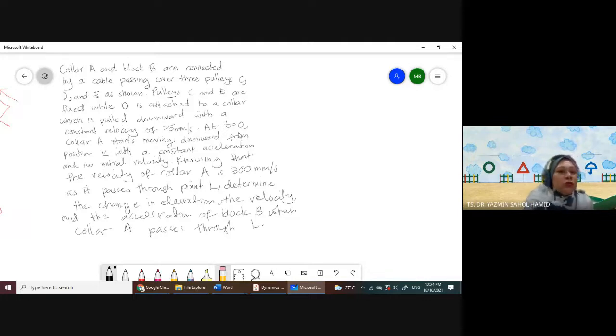At t equals to 0, collar A starts moving downward from position K with a constant acceleration and no initial velocity. Knowing that the velocity of collar A is 300 millimeter per second as it passes through point L, determine the change in elevation, the velocity, and the acceleration of block B when the collar A pass through L.